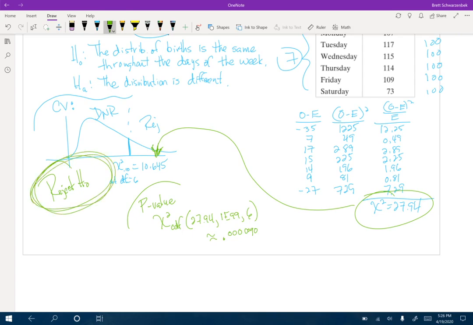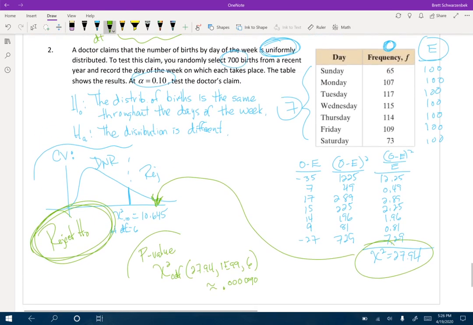Okay, so what about assumptions? Are our expected counts all bigger than 1? They are. Are they all bigger than 5? Yes, so we don't have to worry about ones that are lower than 5.